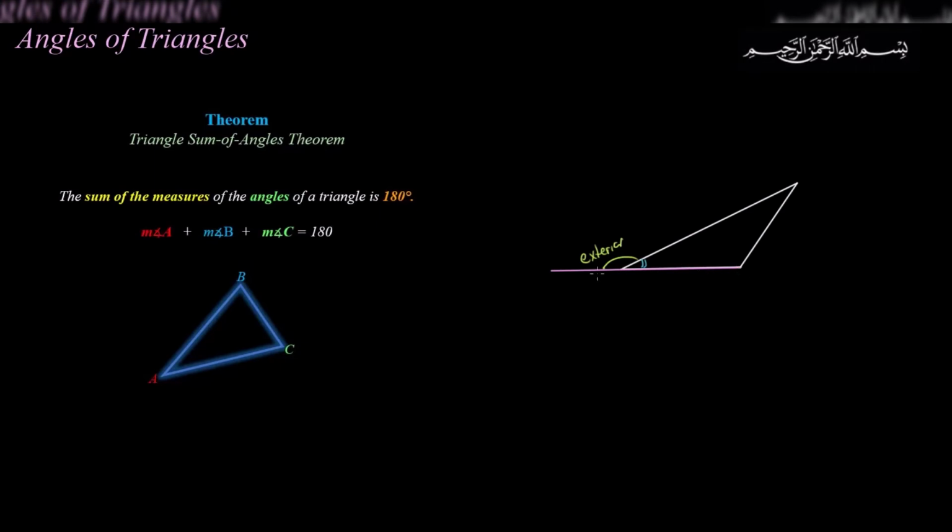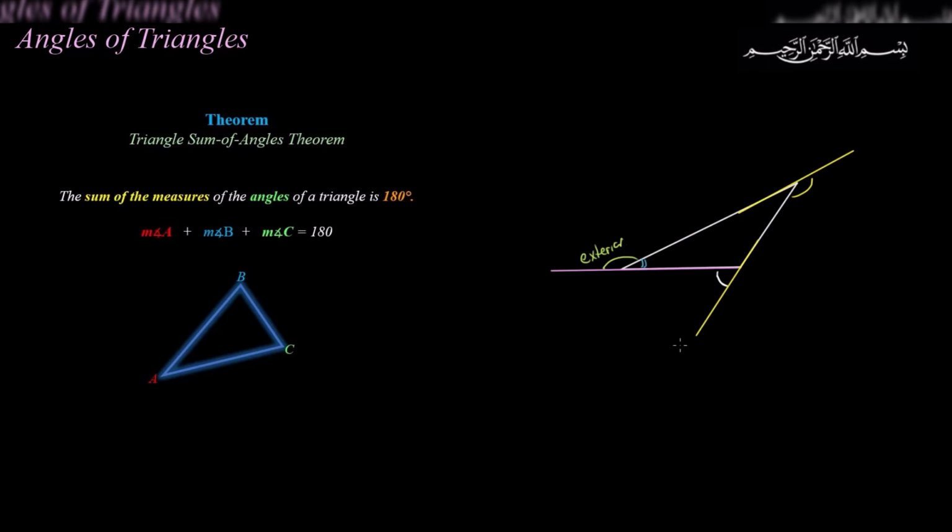If I extend this particular side like this, I generate another exterior angle over here, right? And in the same way, if I were to extend this one here, I have generated another exterior angle.